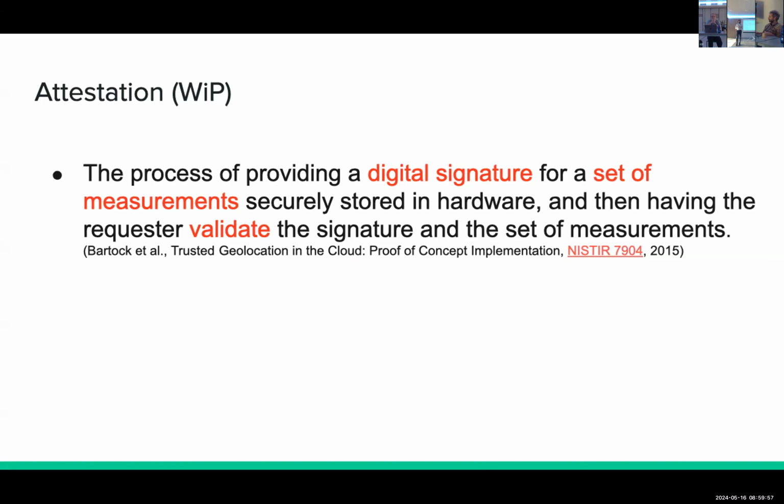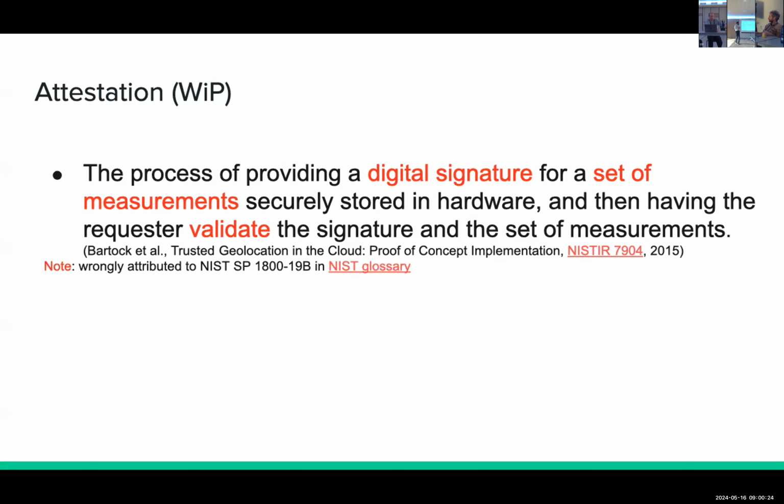In my understanding, we have some measurements, and some entity doing signatures which should be trusted, because this acts as the trust base, the TCB. The other entity can then validate the signature and these measurements, so it needs reference values, the golden values of these measurements.